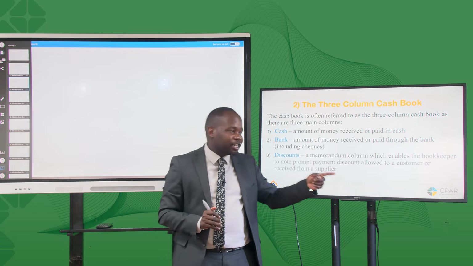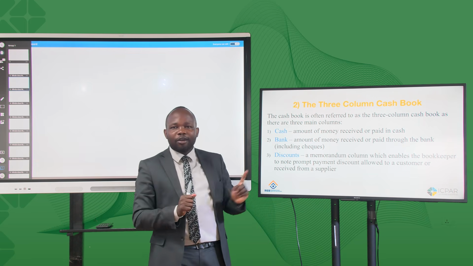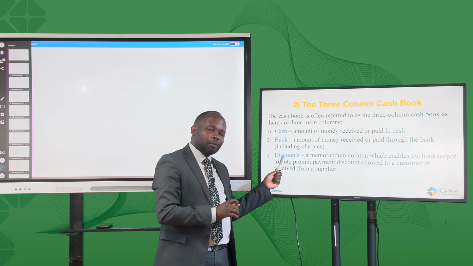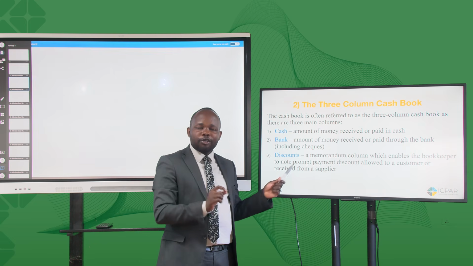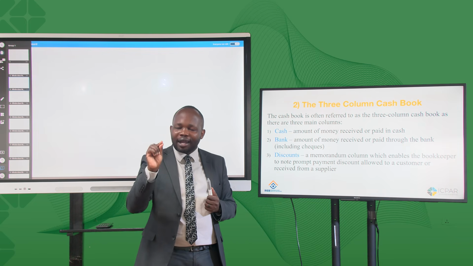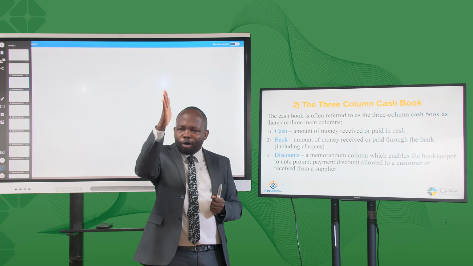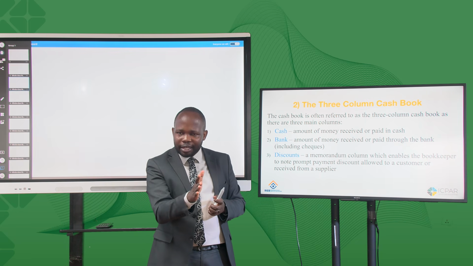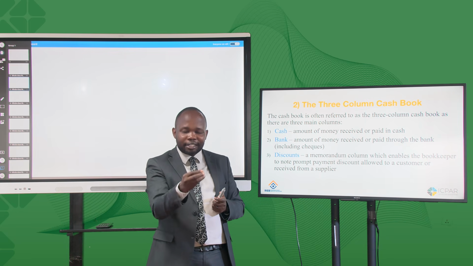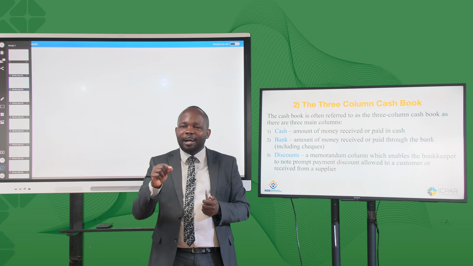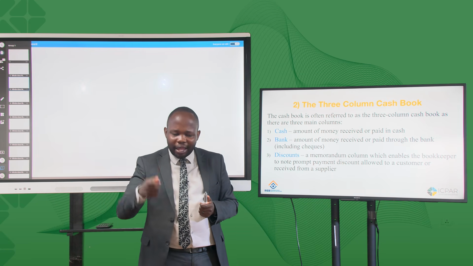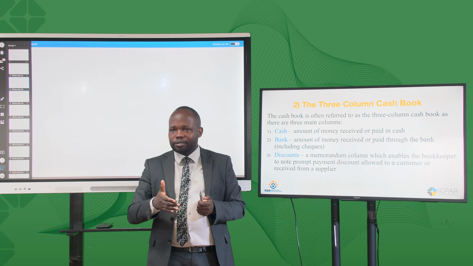On the other hand, there is what we call a 3-column cash book. We are adding 1 item called discount. So in a 3-column cash book, there is a column that shows the discount allowed, the discount you allow if you are receiving, and the discount received if you are making payments. So when you are making payments, you receive a discount.